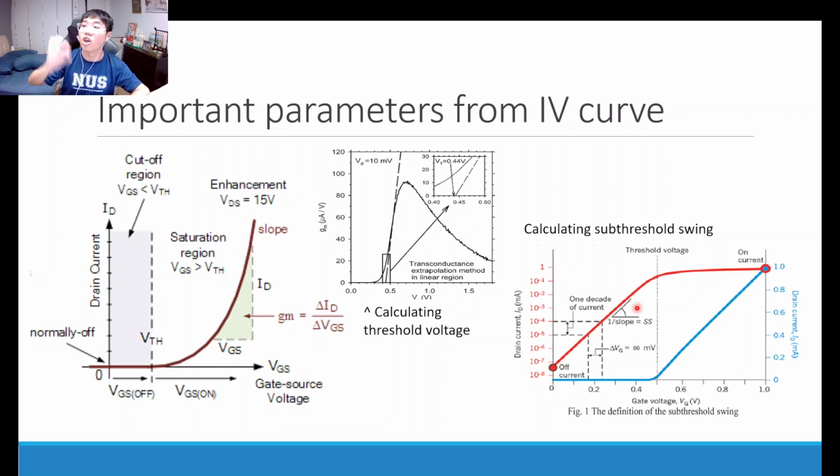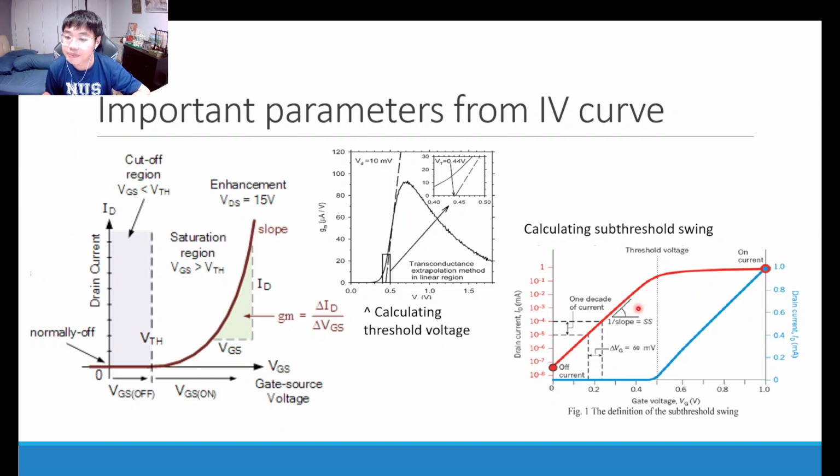So any non-zero value of source to drain current can be called a subthreshold leakage current. So if we have a steeper slope and a smaller subthreshold swing, we will be able to have a smaller subthreshold leakage current from the source to the drain. And that's good, because we do not want a leaky transistor when the transistor is supposed to be in the off state.